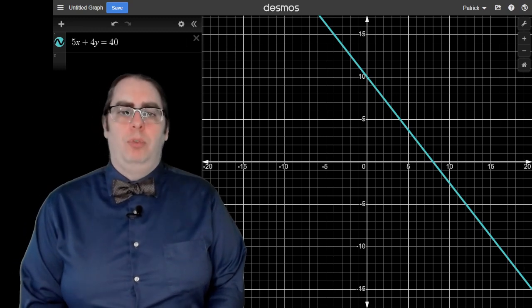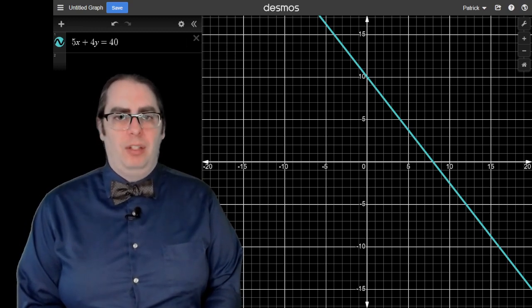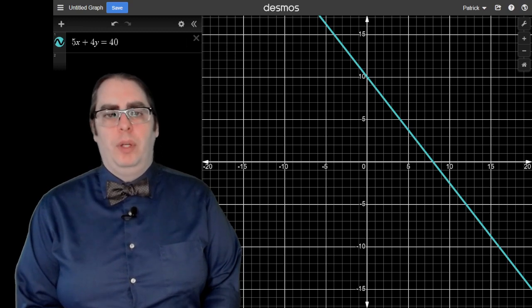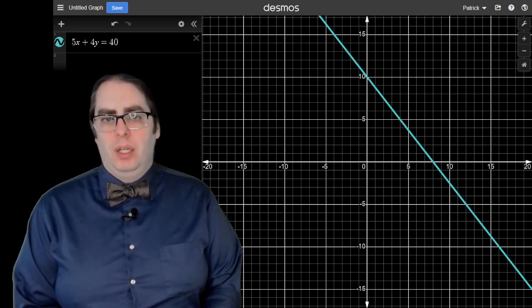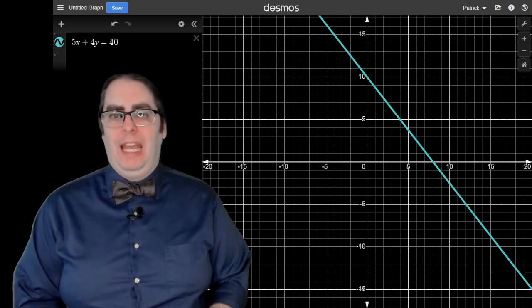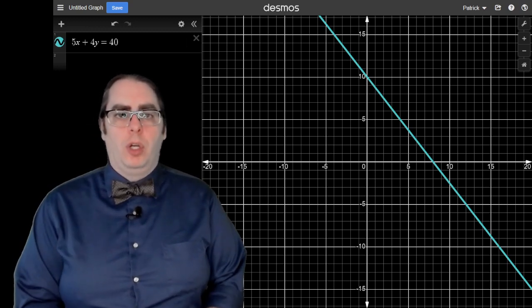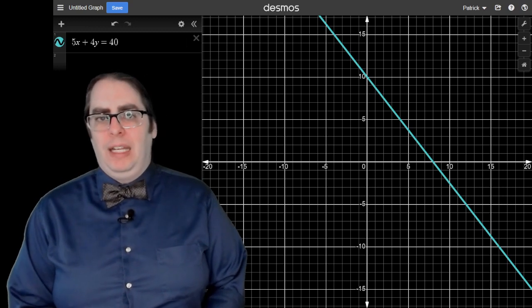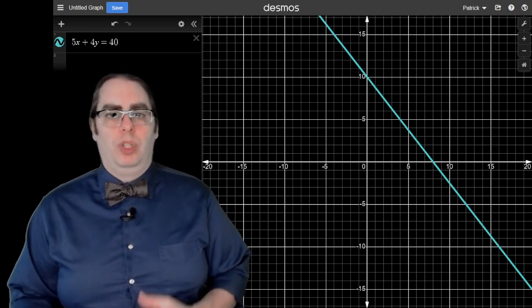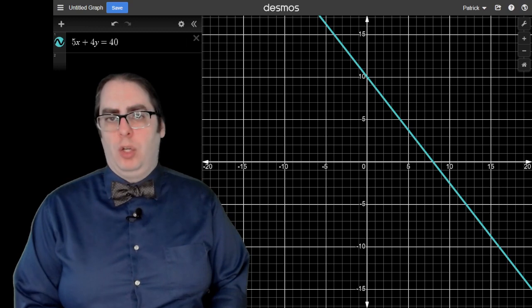There are times when sketching a graph by hand can help you out, can help you understand how an equation is behaving, how a project is behaving. But for the most part, sketching graphs by hand helps you to learn to relate the graph to the equation.